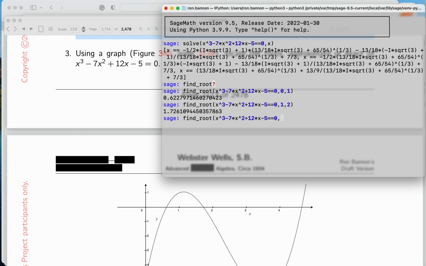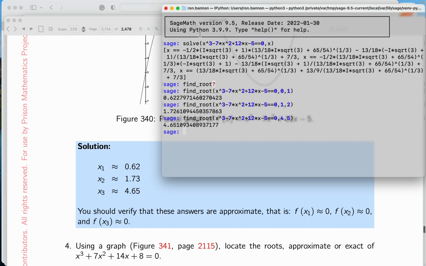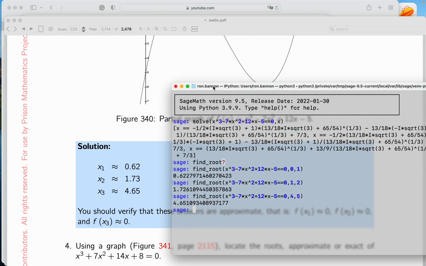So let's put that down, 4 and 5. I'm giving it a range. And that's 4.65104. Let me go to the key. I want to point out these answers, not to the level of accuracy that Sage has given me, but 0.62, that's there, 1.73 rounded properly, and 4.65.